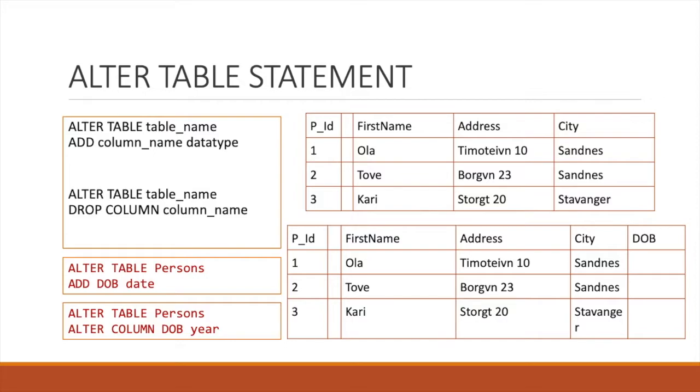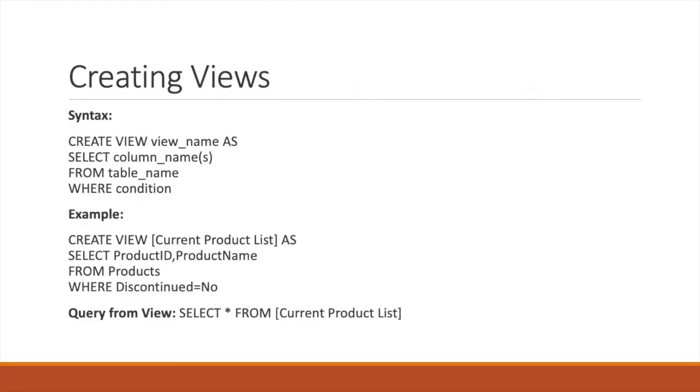Alter command we have used so much, so it is the same. This is creating a view. So the syntax is: create view view name as select column from table name and condition. So what is a view?